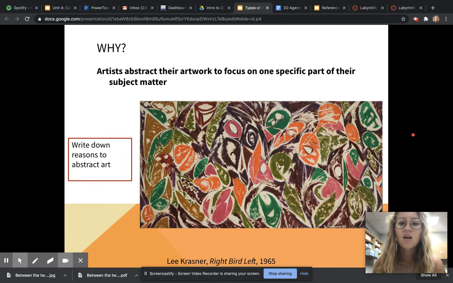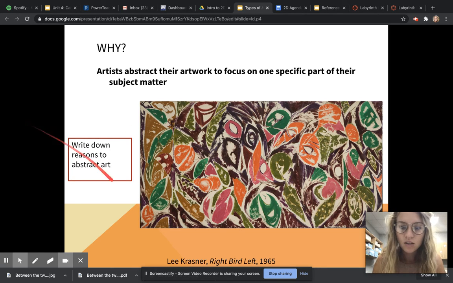And artists do this for all different kinds of reasons. The artists abstract their artwork to focus on one specific part of the subject matter. Sometimes they will use a lot of repeated shapes or forms in their artwork from one piece of the subject matter so that you really know what this is about.